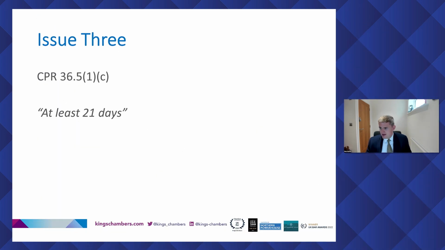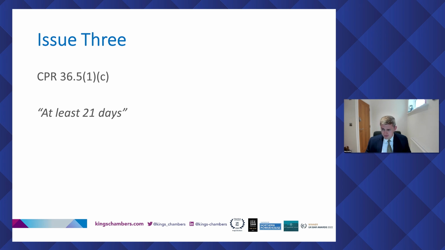Issue 3, it says there at least 21 days. This is arguably a breach of 36.5(1)(c) because it does not allow the recipient to ascertain the exact expiry date of the relevant period. As we've just been looking at, whether you're on the intermediate track, the multi-track, or indeed the fast track, the date on which the relevant period expires is the benchmark on which we make all of our arguments on the quantification of costs.